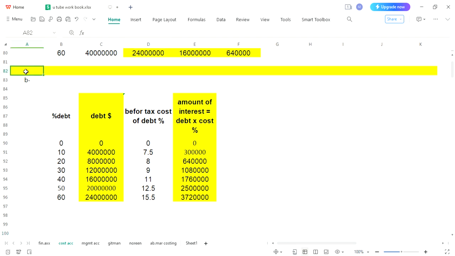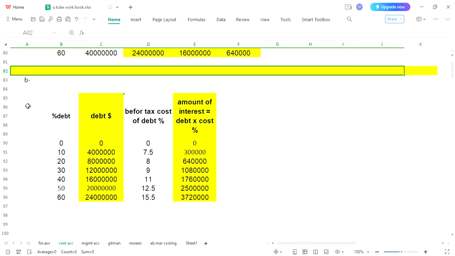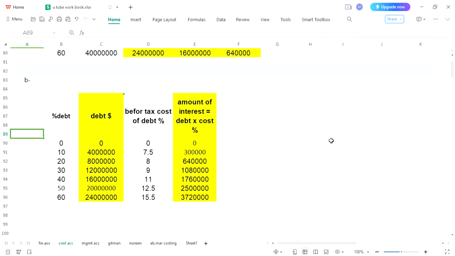So let's mark them as it has been done. This was your first part, and let's fill it with a little different way. And now you will be posting, you have completed your B part.